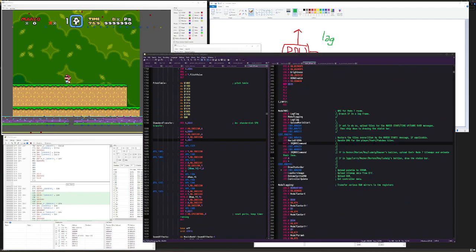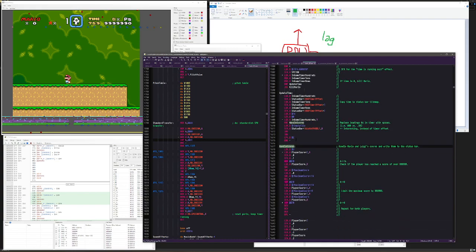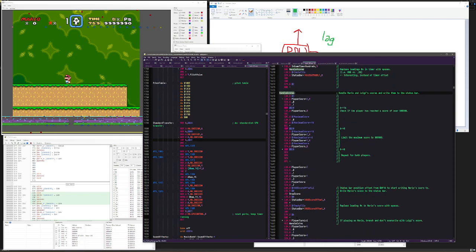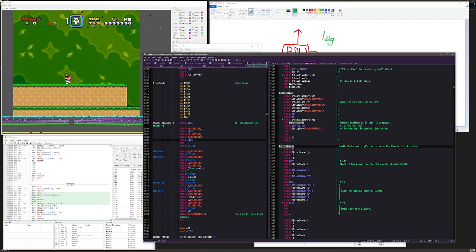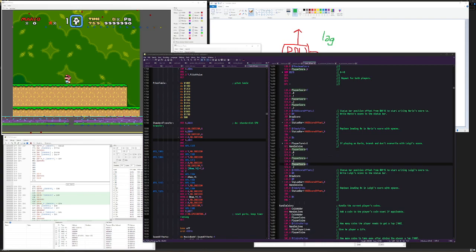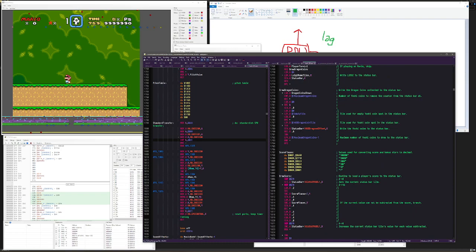I have the disassembly, and I should just, here we go.